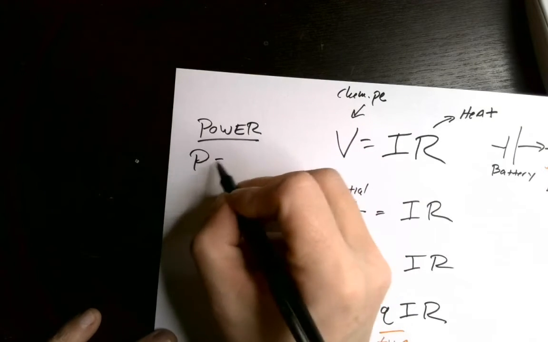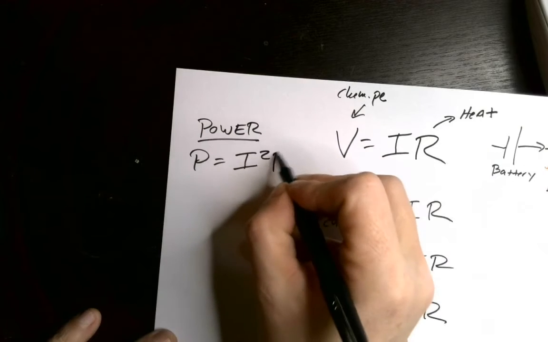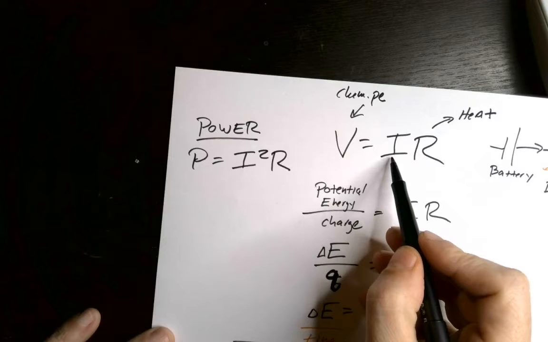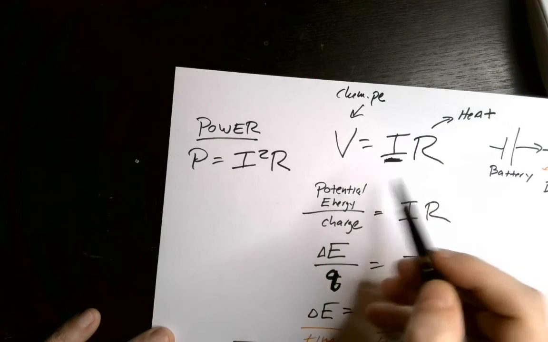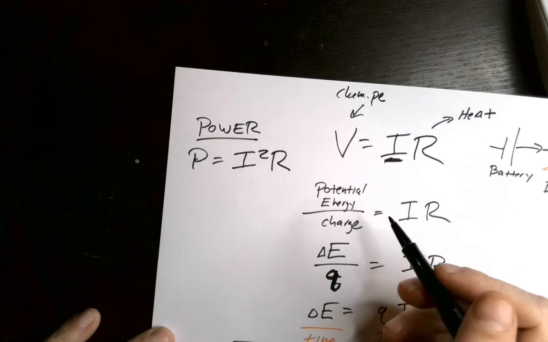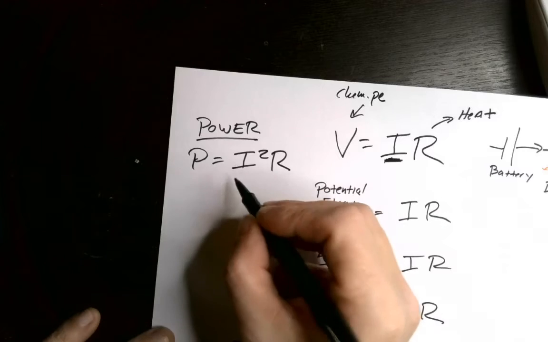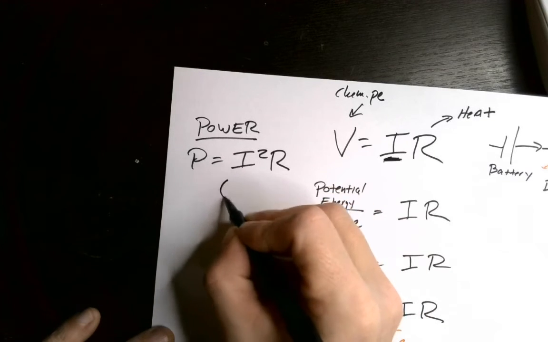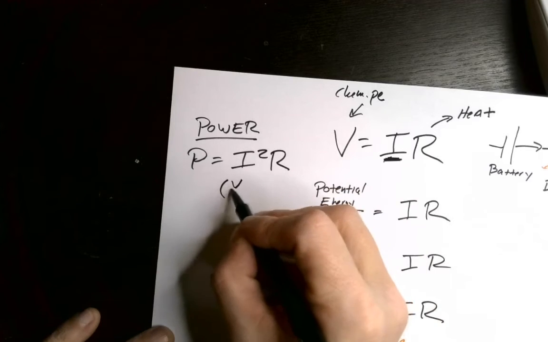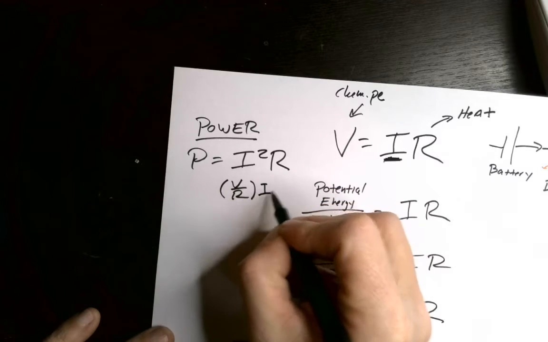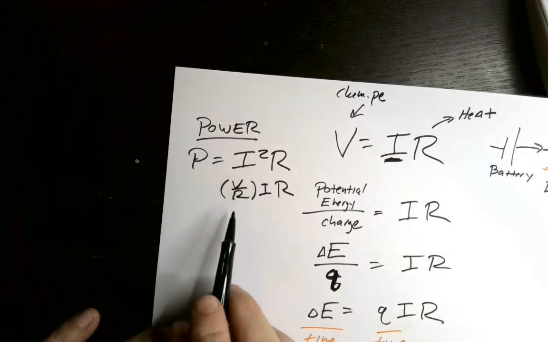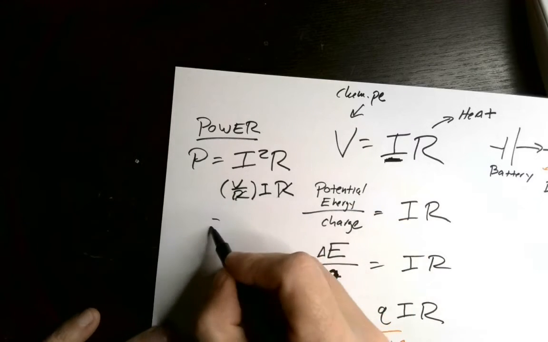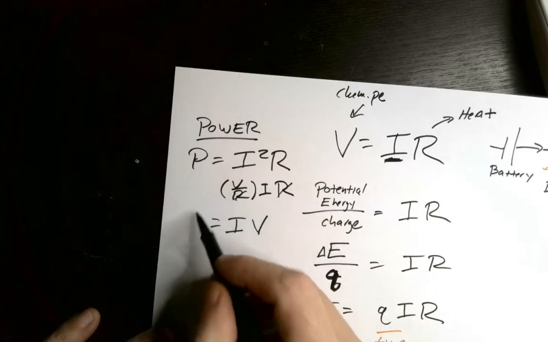Power is equal to I squared R. If we use V equals IR, we can write this. What we do is we take one of these I's and write it as V over R. So I squared R equals V over R times I times R. The R's cancel, and this is also equal to IV, the current times the voltage.